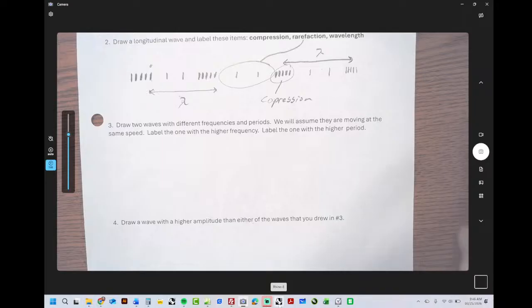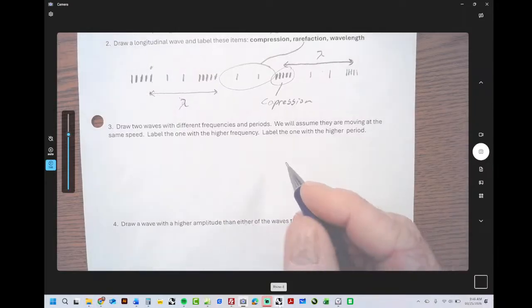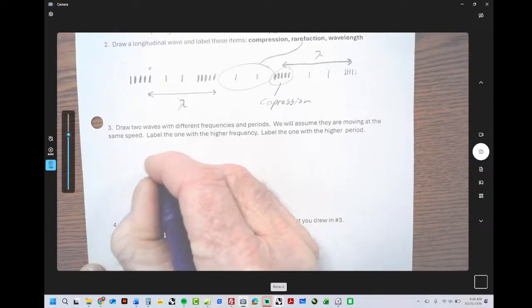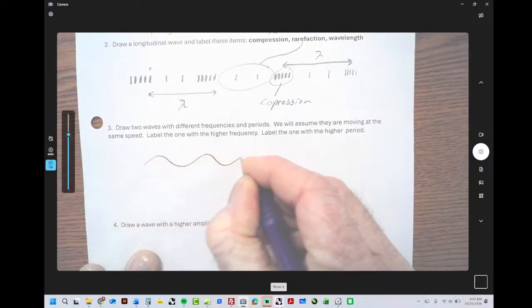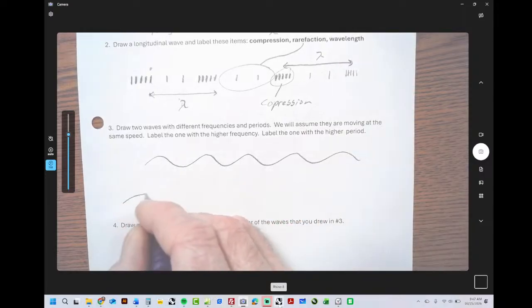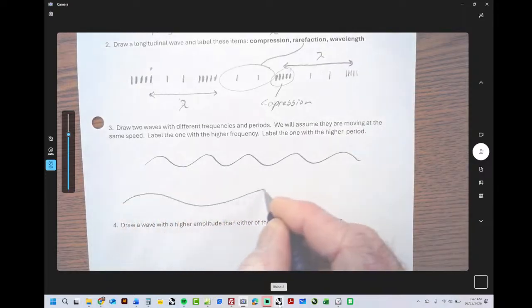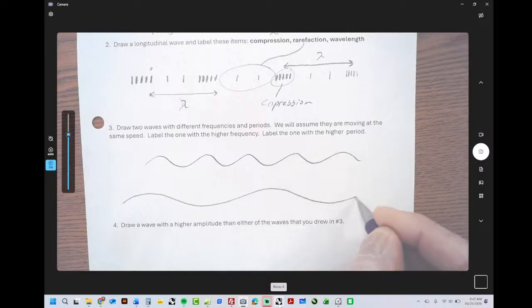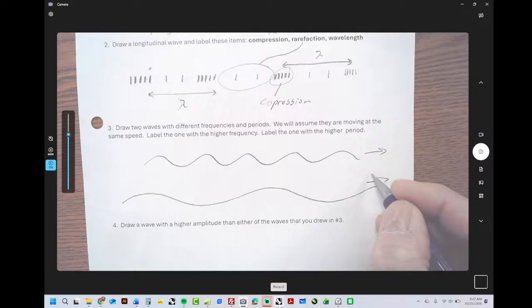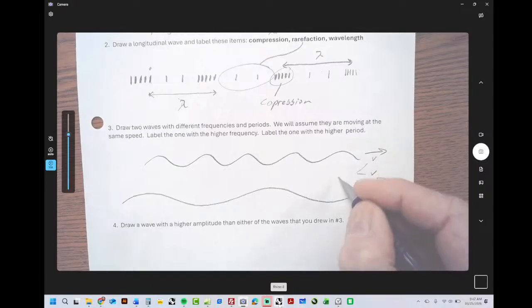So I'm going to draw them, and then you have to think about which one's got a higher frequency and which one's got a higher period. You could just assume these are water waves. And the waves are moving the same speed this way. They've got the same velocity.